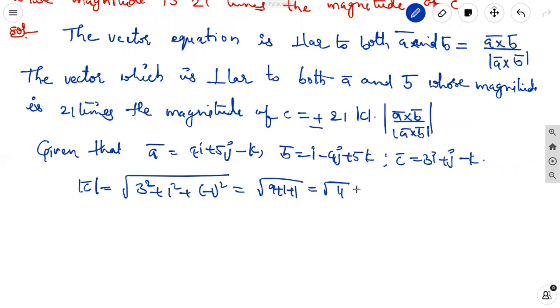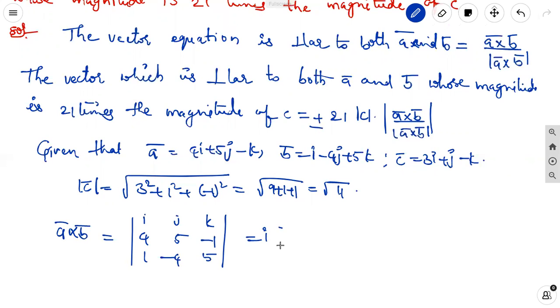It's root 11. And find out the A vector cross B vector, that is equal to determinant i, j, k; A is 4, 5, minus 1; B is 1, minus 4, 5.